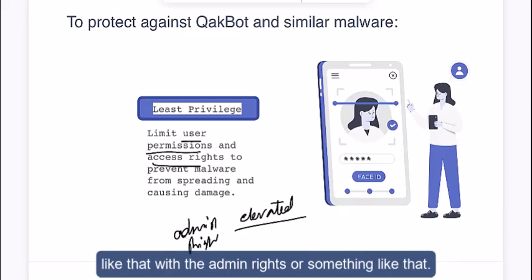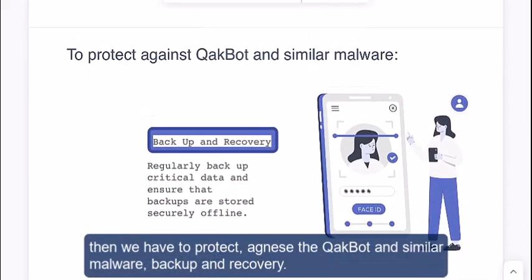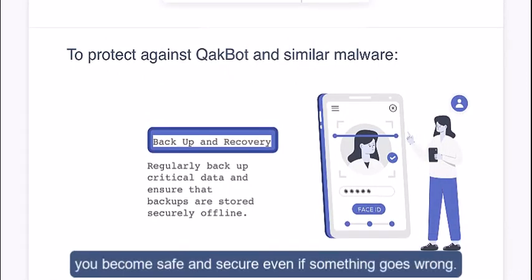Then we have to protect against QakBot and similar malware with backup and recovery. Regularly back up critical data and ensure backups are stored securely offline so that you stay safe and secure even if something goes wrong. For example, what is the main agenda of ransomware, guys? We will have a playlist of videos on ransomware, but I'll give you a quick tidbit here.